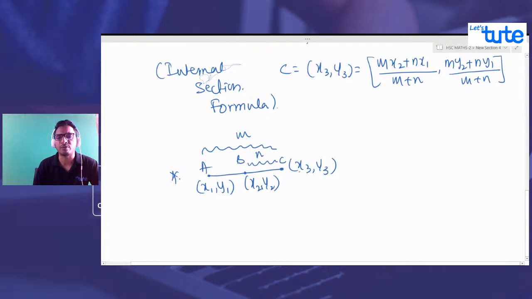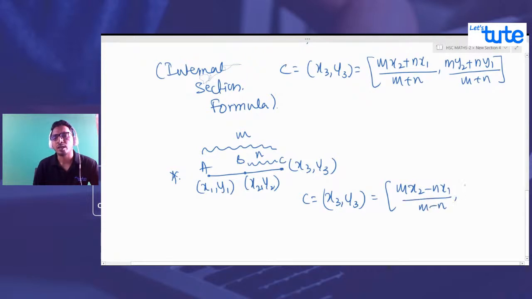So in that case, we can find the coordinates of the third point C (x3, y3) with the formula (mx2 - nx1) upon (m - n), and (my2 - ny1) upon (m - n). So this was the formula for external division.